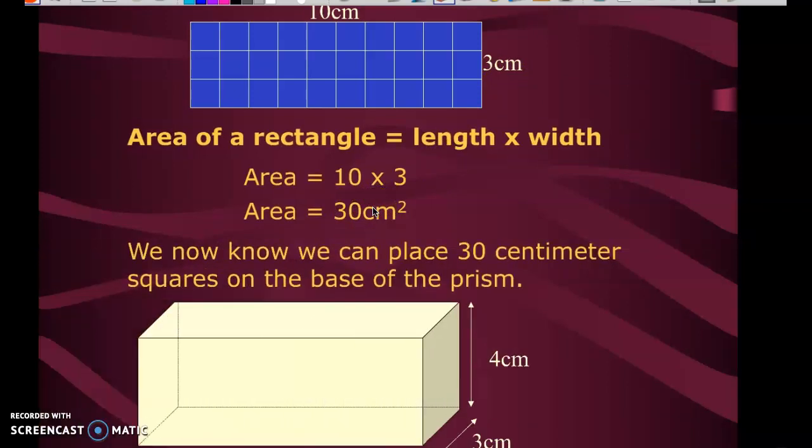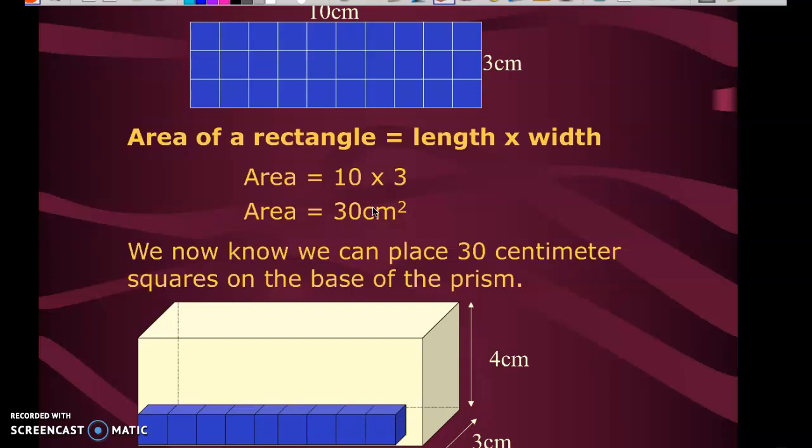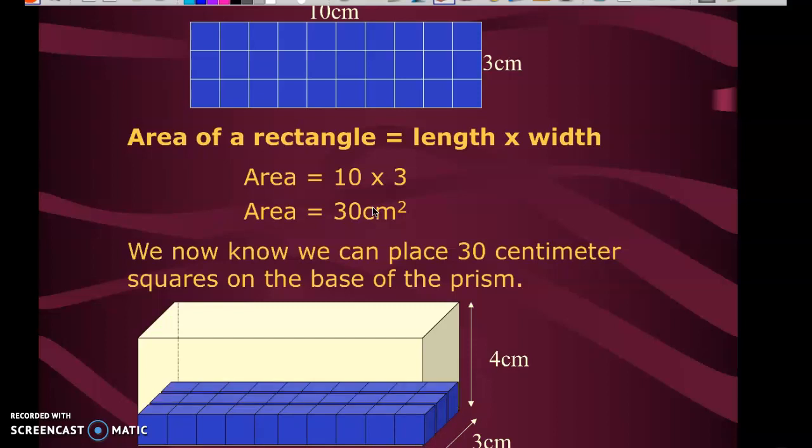Now we can place 30 centimeter squares on the base of the prism. If I were to fill up that amount with water, that would cover just the base. So there are 30 square units there, but we haven't filled up the entire rectangular prism yet.